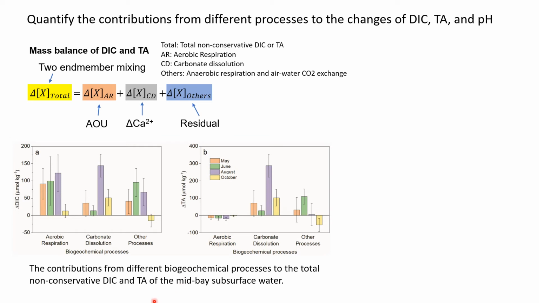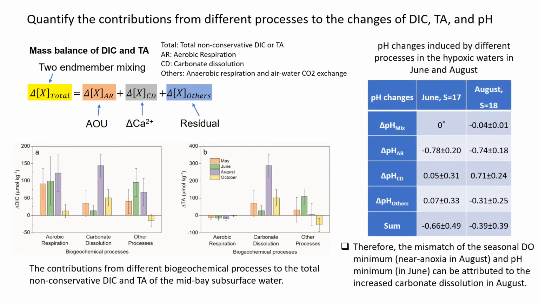We also simulated the pH along the salinity gradient to see to what extent different processes affect pH dynamics. This table shows why DO and pH minima had a seasonal mismatch. The data are averaged values within the hypoxic zone.